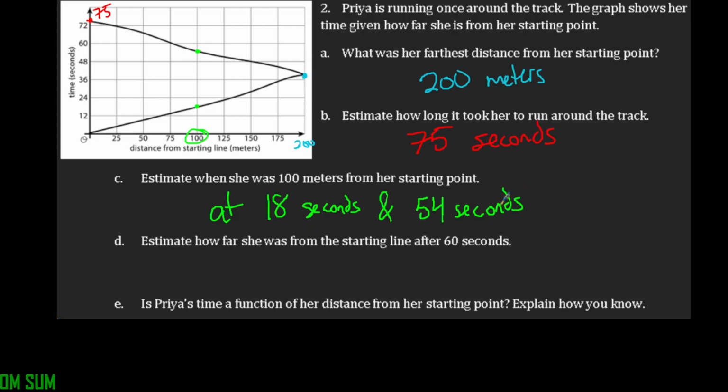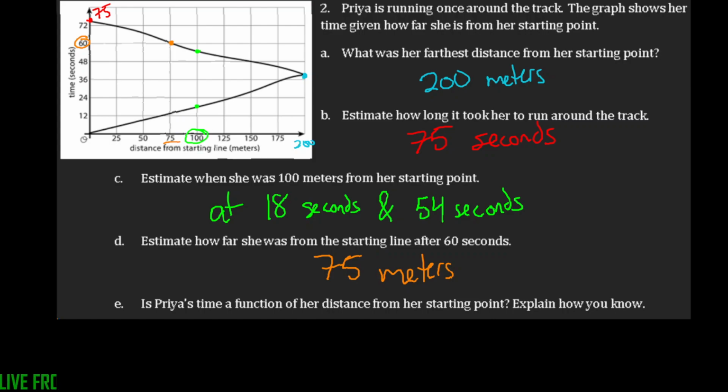So it's not just one place, but it's at two places actually. Then it says to estimate how far she is from the starting line after 60 seconds. So about 60 seconds, find that point. So from 60 seconds, use that x value. So we're going to say 75 meters because we get that from that bottom point.